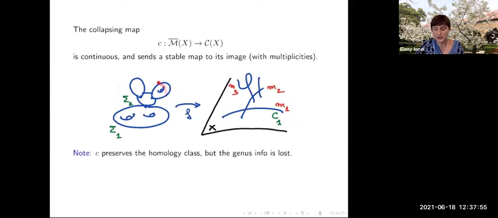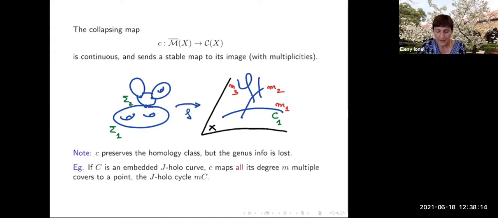You can read off the genus from the domain, but in this picture the genus is lost. That could be bad, but it could be good in our case, because we want to allow the genus to go to infinity. So it's actually an advantage, not a disadvantage in our case. And I drew here an example. This is really a collapsing map.